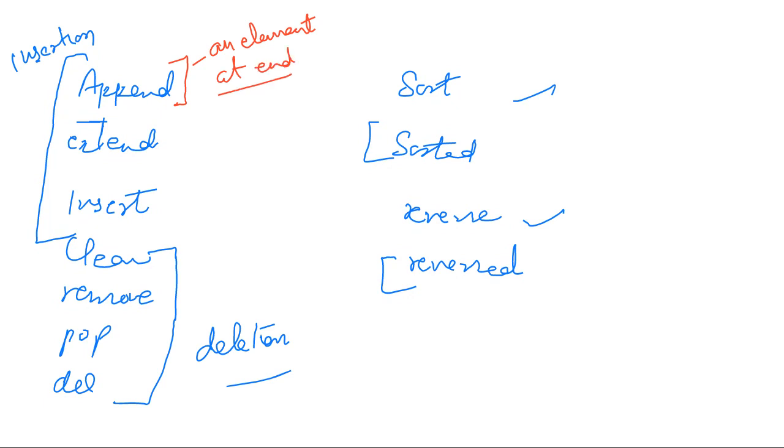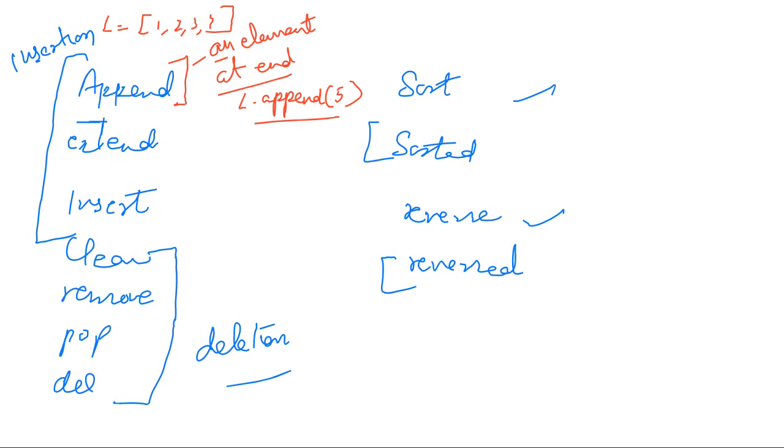What I mean by an element: suppose this is my list L, 1, 2, 3, 4, and I want to insert a new element. So I'll write L dot append 5. It means I can only append one element at a time in this particular list.